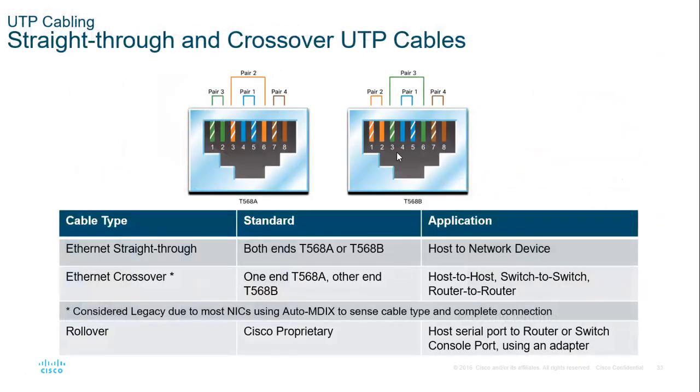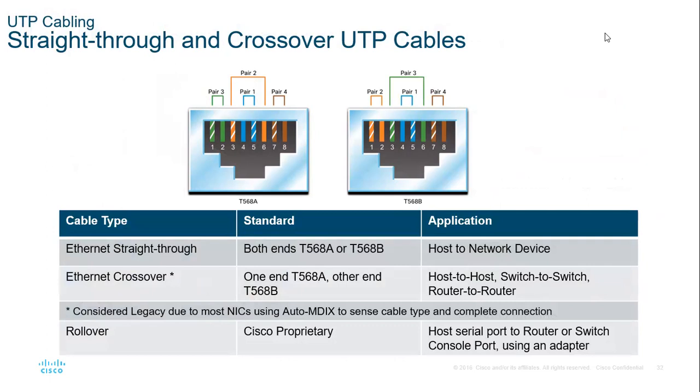Straight-through and crossover UTP cables. Basically, in the CCNA course, we are going to use straight-through cables and crossover cables. Straight-through cables are used where dissimilar types of devices are there. Dissimilar means, like a PC and a switch.